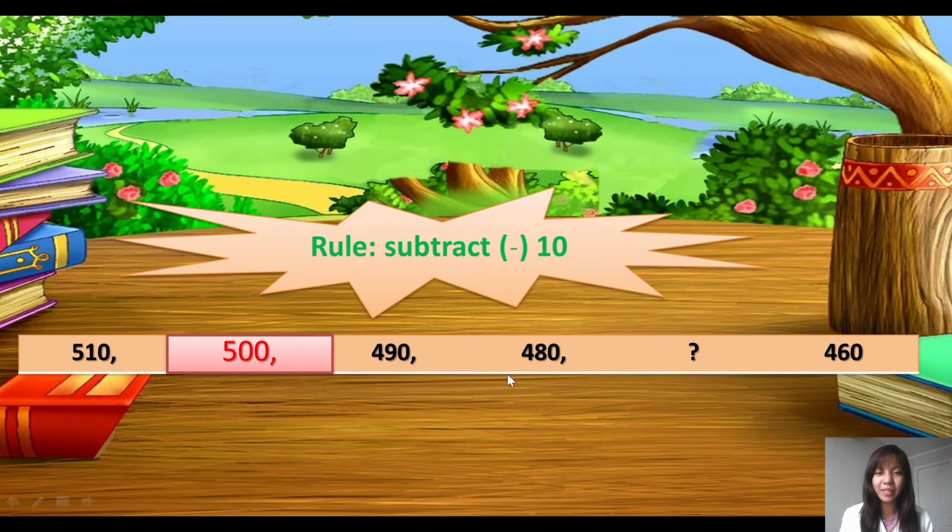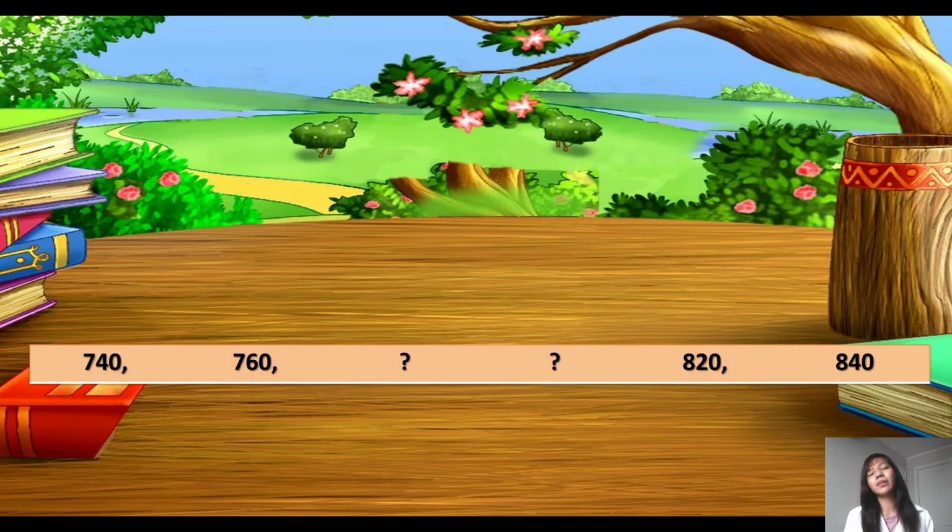So the same here as well. 490 minus 10, it becomes 480. So now we can answer the last blank here. 480 minus 10. What is the answer? 470.